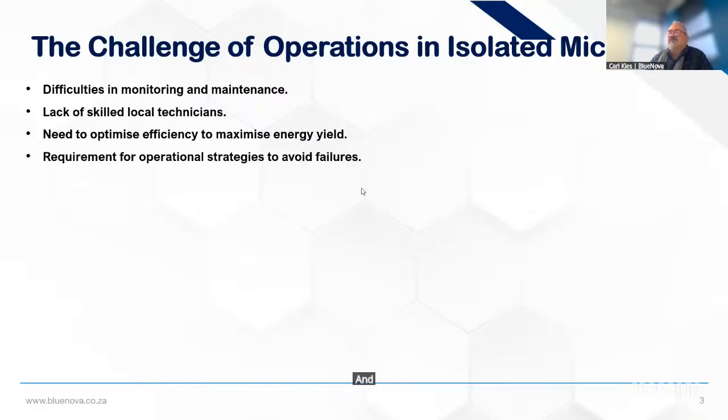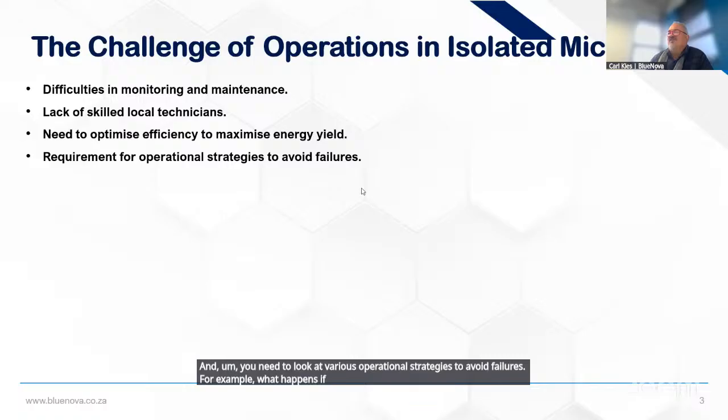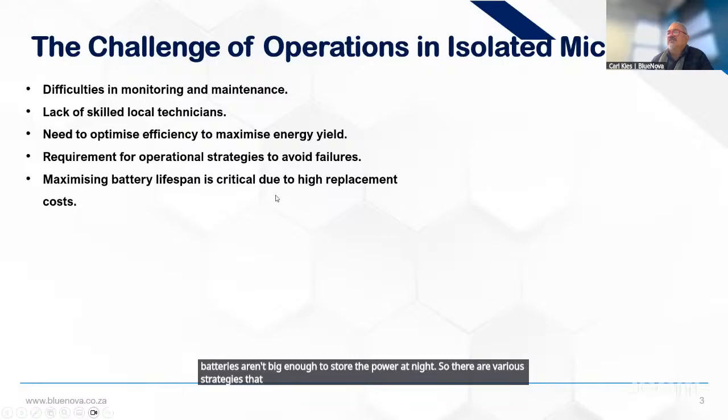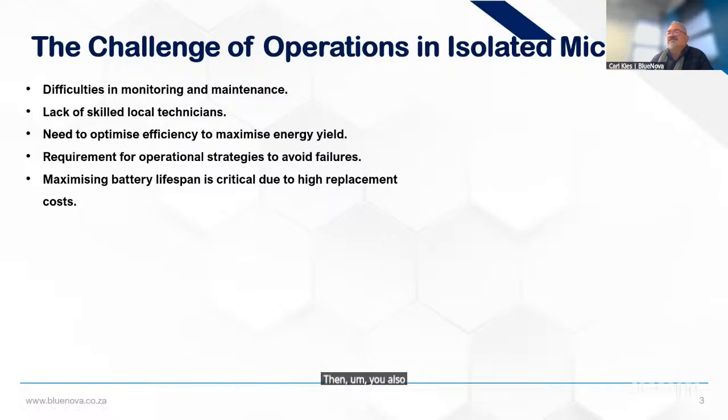And you need to look at various operational strategies to avoid failures. For example, what happens if everybody in the community starts to acquire microwave ovens and they all use them at the same time, and then your batteries aren't big enough to store the power at night. So there are various strategies that need to be looked at. Then you also want to try and maximize the battery lifespan to optimize costs over time.